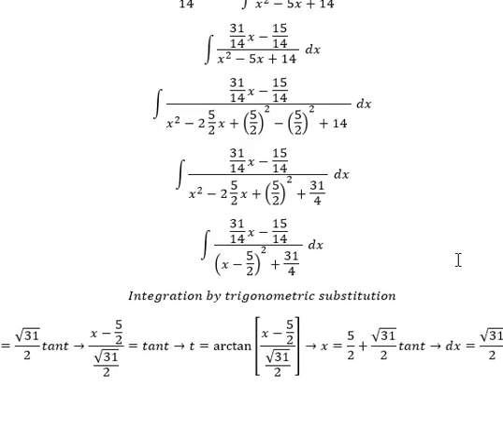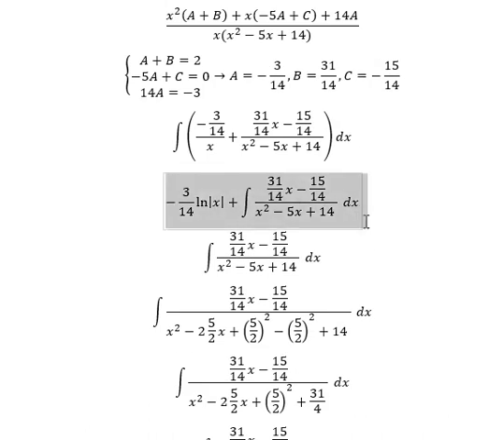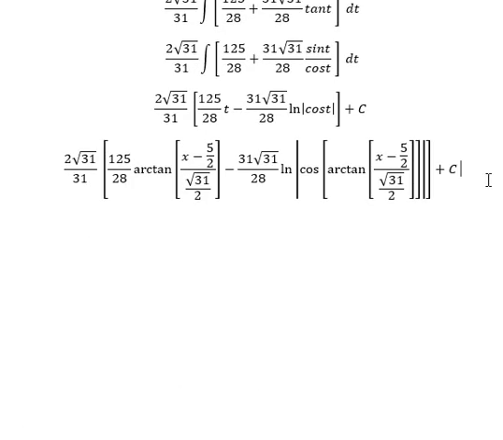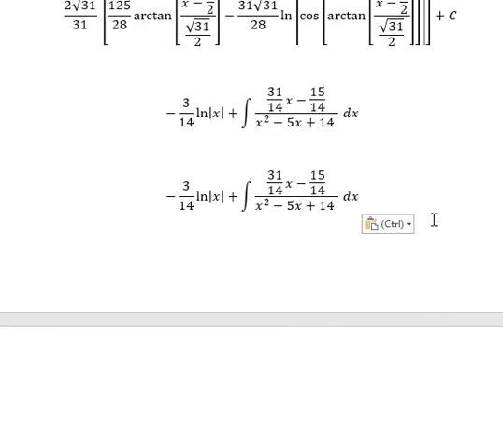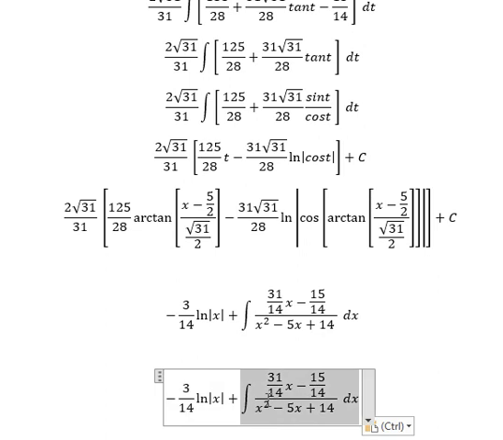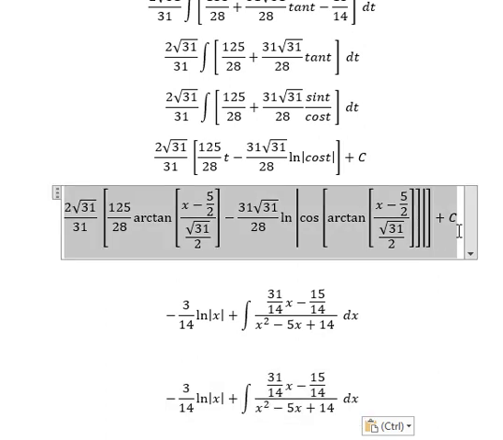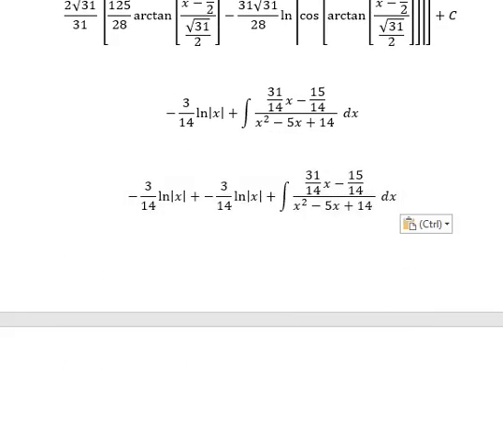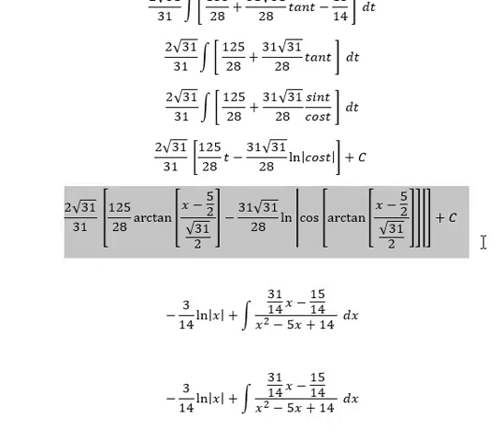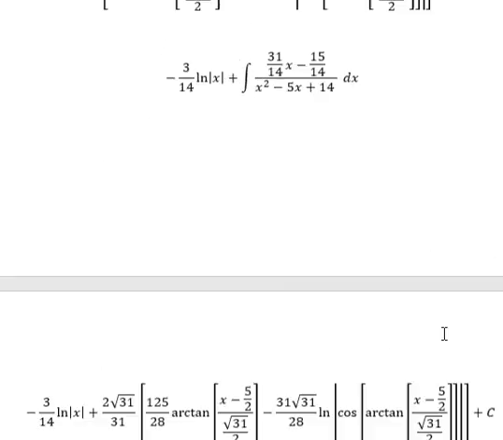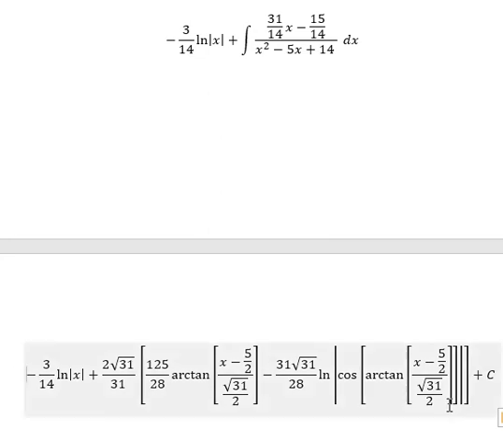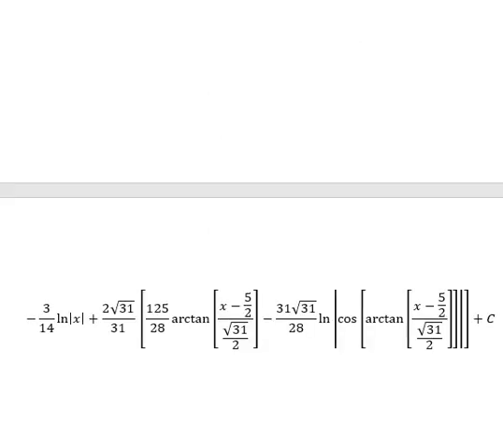Now we have the final answer in here. So the integration of this one is this one. And here is the final answer. This is the end. Thank you for watching.